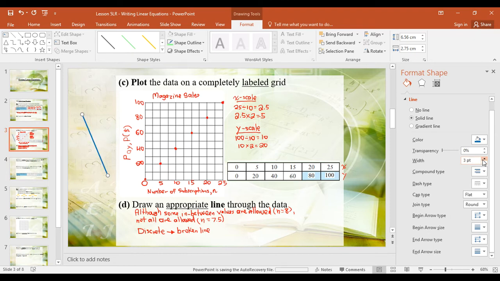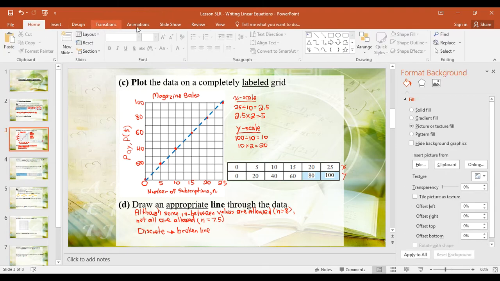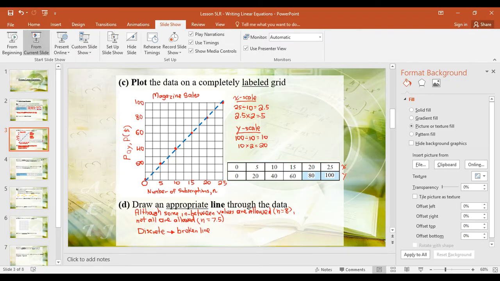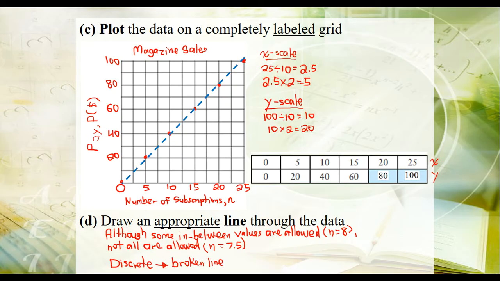I'll make the thickness so I can see it. Now this has to be broken, so I'm just going to change it so that it's dashed. Okay, so I got a dashed line here. And then let's try to get it so it goes through all these points. And that looks roughly pretty good. Okay, so back to that slide.